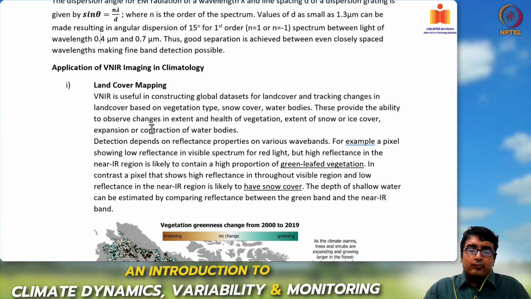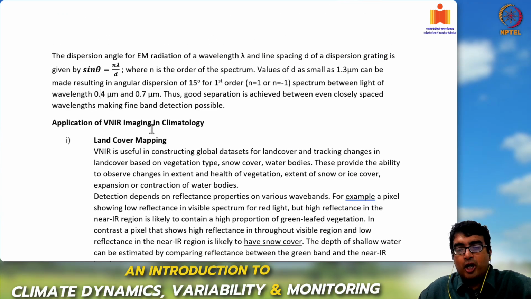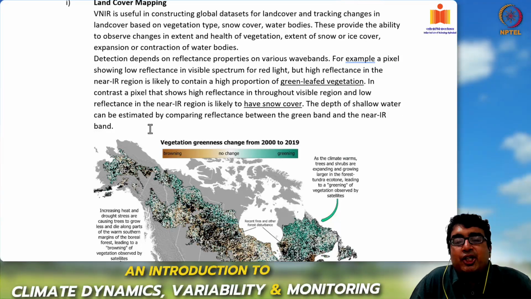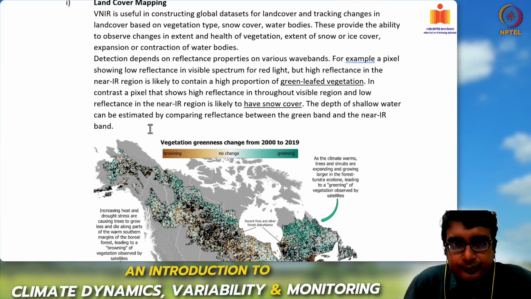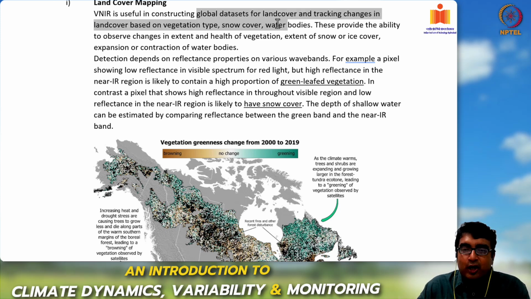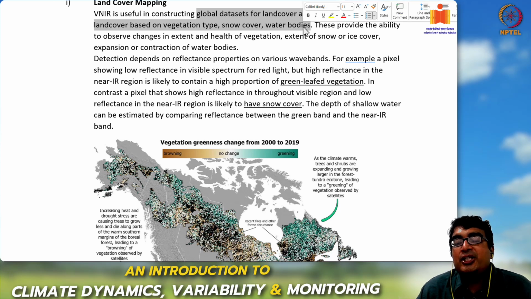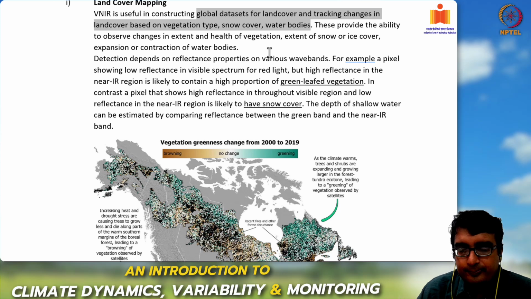All right. Now, some applications of the VNIR imaging, and we will stop today. The first application is land cover mapping. So, VNIR is useful in constructing global data sets of land cover and tracking changes in land cover based on vegetation type, snow cover and water body systems.